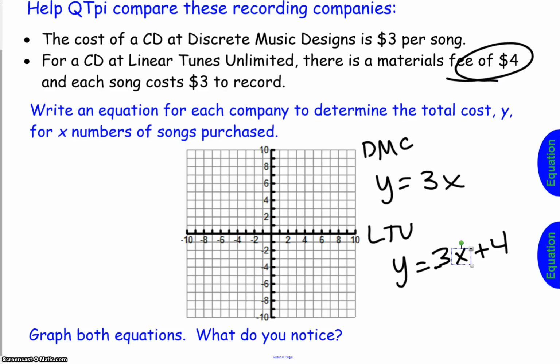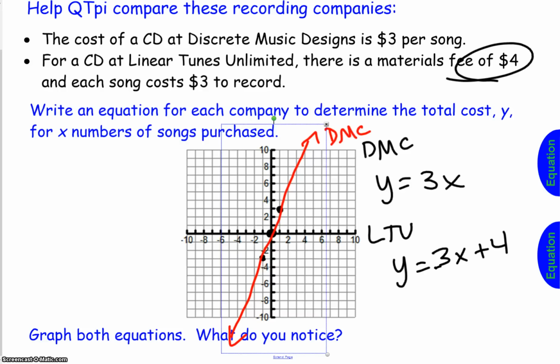So now we need to graph. Y equals 3x. I do not have a y-intercept, so I'm going to put a dot at 0, 0. And then my slope is up 3 and over 1, down 3 and over 1. So here's my first line. And you know that I cannot draw lines, so bear with me. That's DMC.